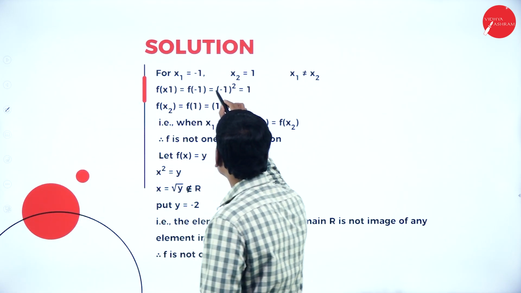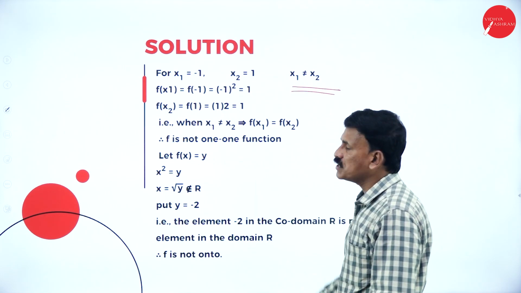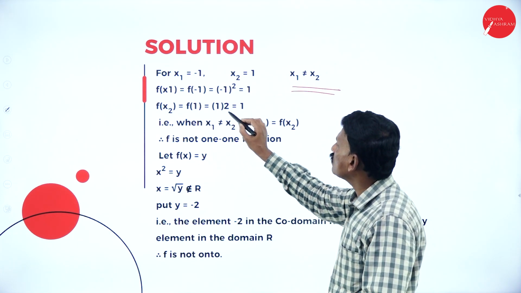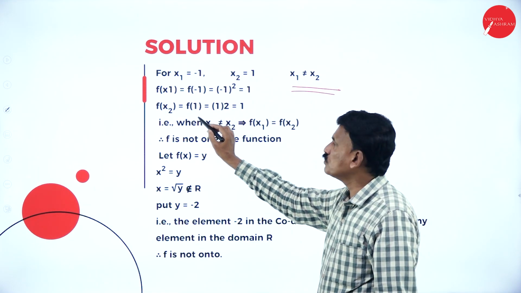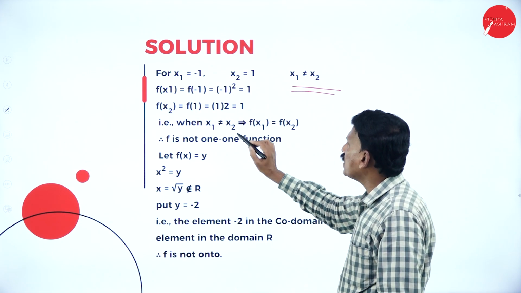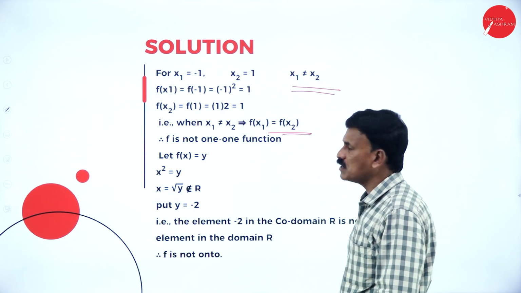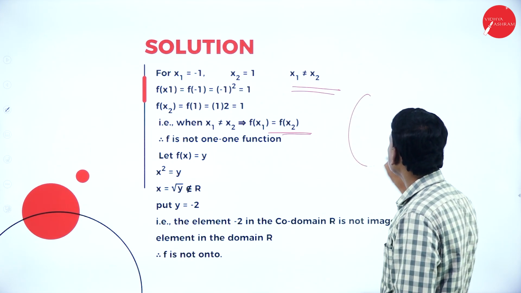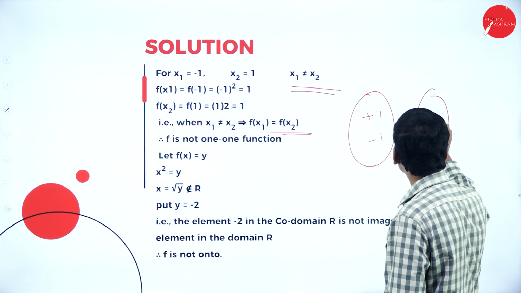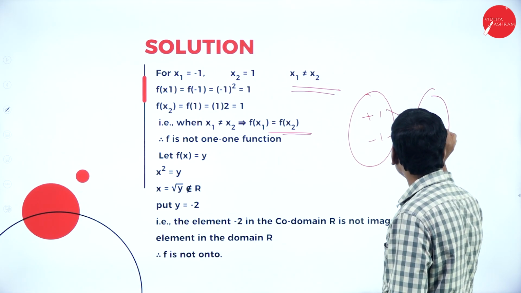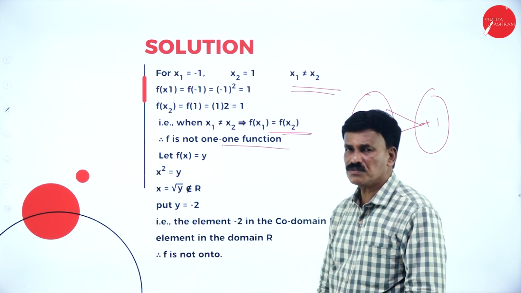If x1 is equal to minus 1 and x2 is equal to 1, since x1 is not equal to x2, f of x1 is f of minus 1, which is minus 1 square, that is plus 1, and f of x2 is f of plus 1, 1 square, which is 1. So, when x1 is not equal to x2, f of x1 is equal to f of x2. For both these values we have plus 1. So, therefore, f is not a one-one function.